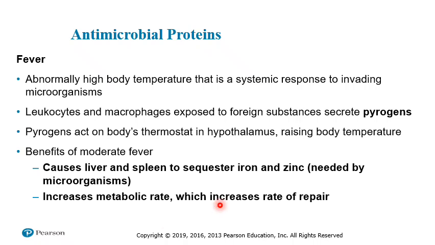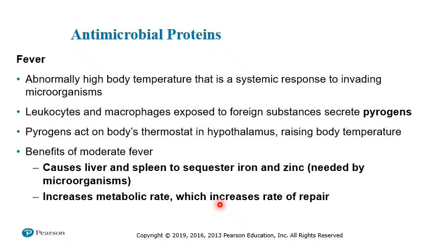Fever. You experience fever when you are really sick, and I hate having fever. It's an abnormally high body temperature, and it makes you feel lethargic, makes you feel bad, and gives you a headache too.